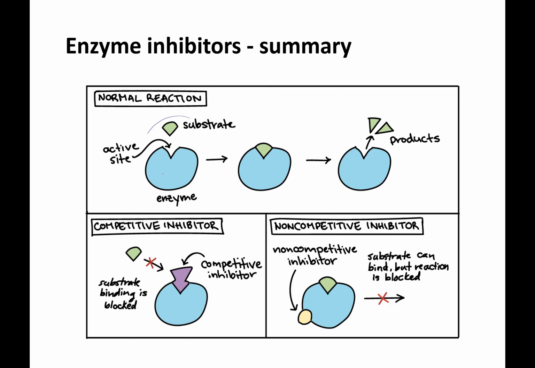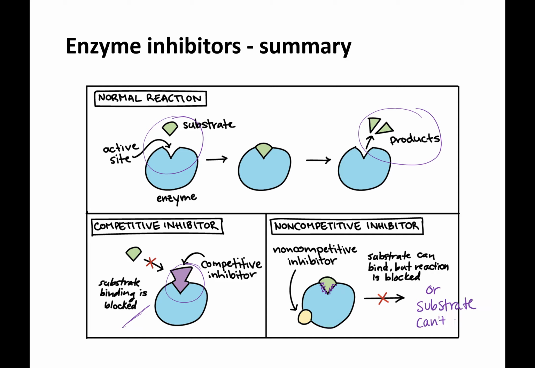Normal reaction, substrate binds the active site, you get products, you get the enzyme back. Competitive inhibitor binds the active site, substrate binding is blocked. Non-competitive inhibitor changes the active site. Substrate can bind, but reaction's blocked, or substrate can't bind at all.